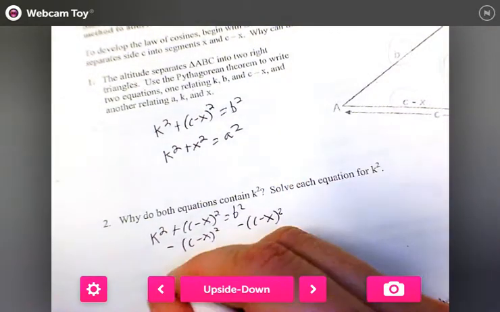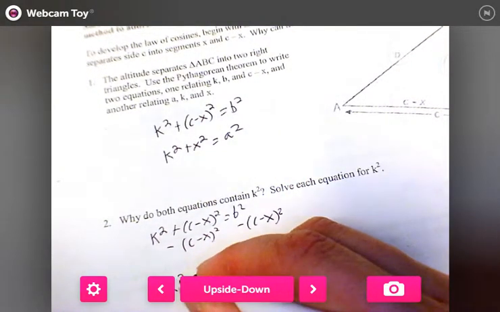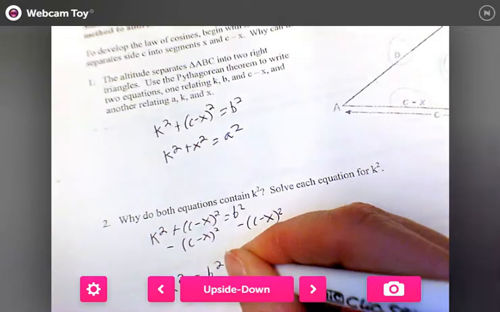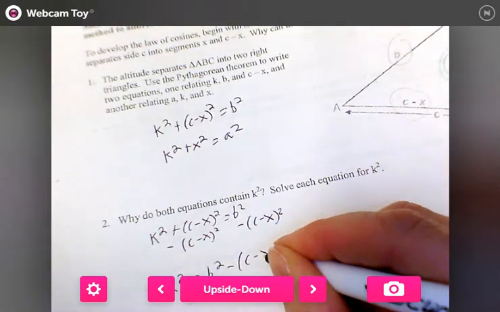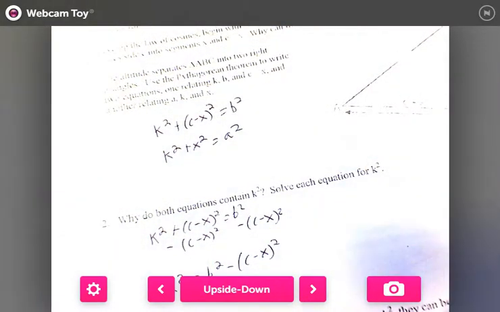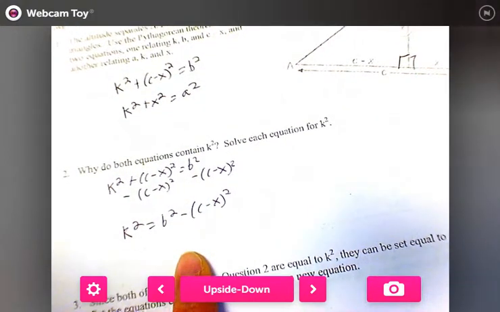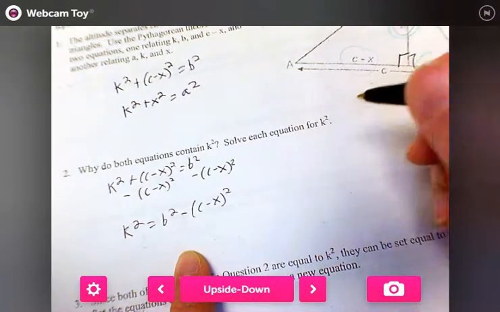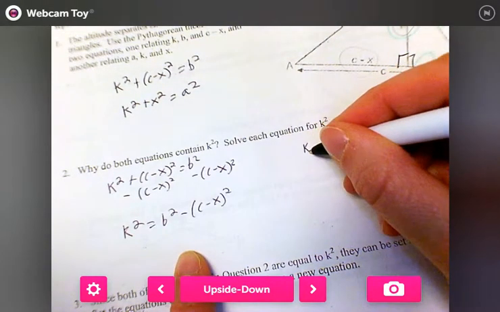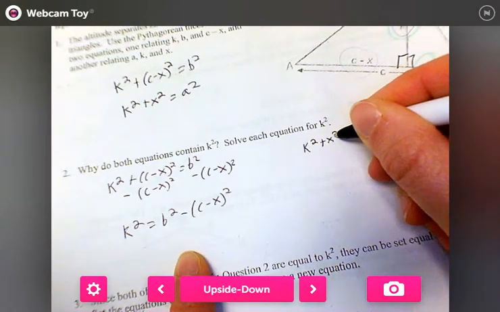And I'm going to end up with K squared equals B squared minus C minus X squared. Now I'm going to do the other side. I'm going to have K squared plus X squared equals A squared.